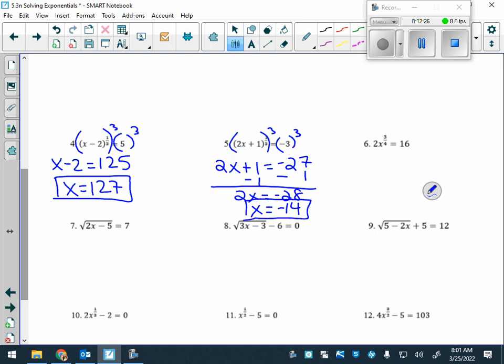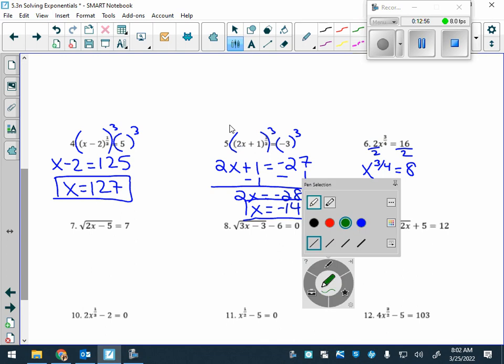Good job. How many of you guys did get -14? Perfect. All right. 6 looks a little different. Okay. What do you have to do first when you want to isolate that x? What do you have to do first? Divide by 2. Okay. So I have x to the 3/4 equals 8.